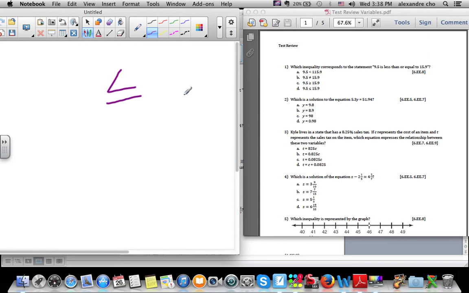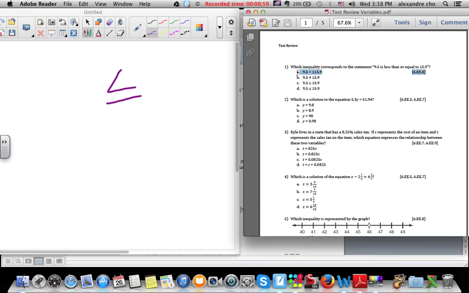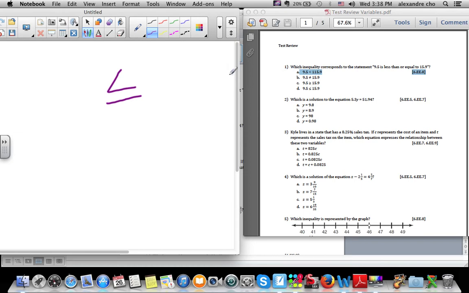Sometimes you don't even have to know a lot about the topic, but you can just eliminate things that really don't make sense. So letter A right there, you can eliminate. Letter A is garbage because that has a less than sign. Letter B has a not equal sign, so that's also garbage. And letter C has a greater or equal sign.